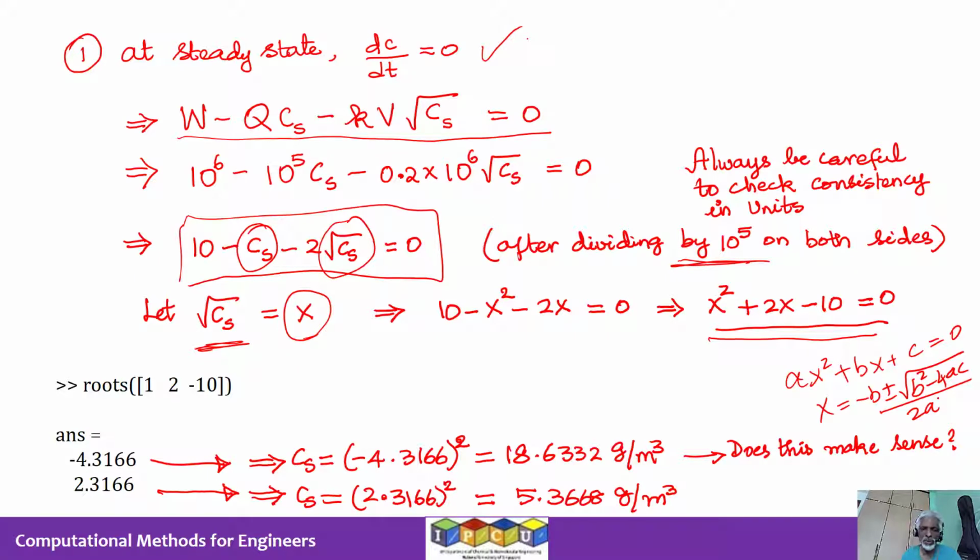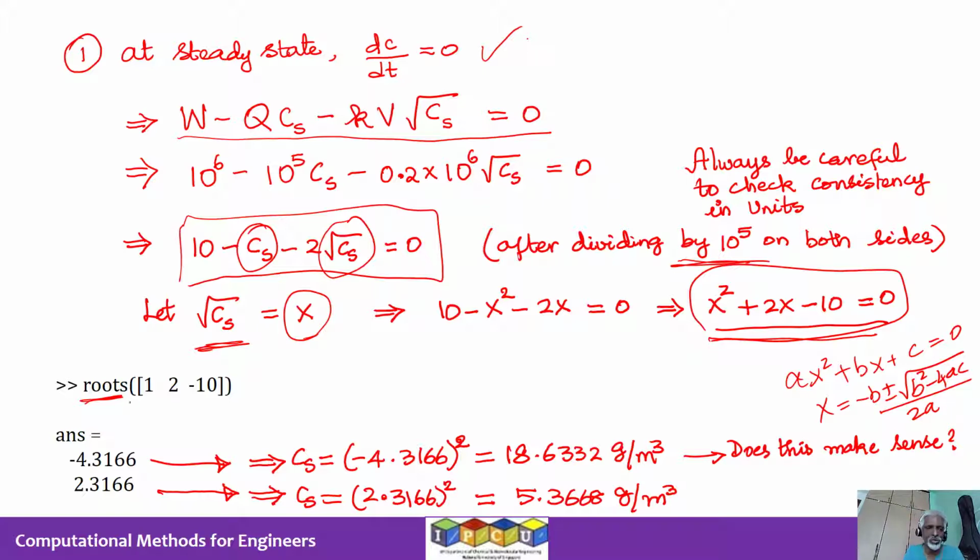But when you have to solve it, let's say numerically, we can make use of the roots command in Matlab. So the roots command in Matlab works for polynomials, like we have a second order polynomial here. Therefore, the roots command will help us to solve the nonlinear equation if the nonlinear equation is of the polynomial type.